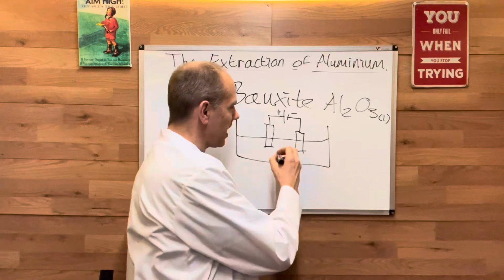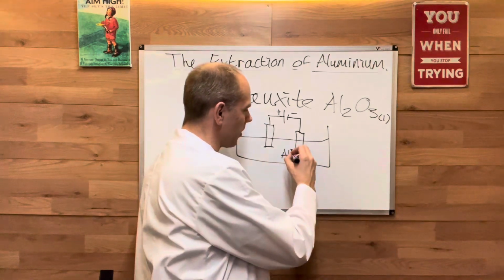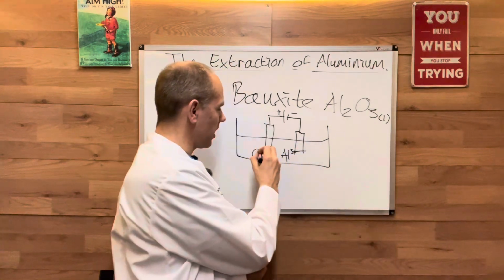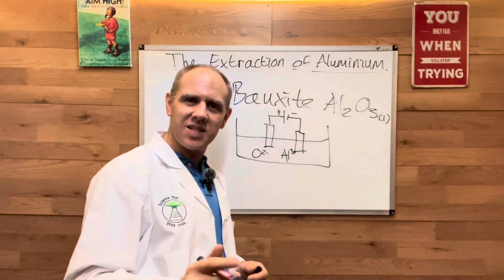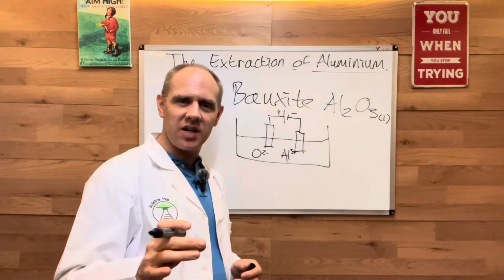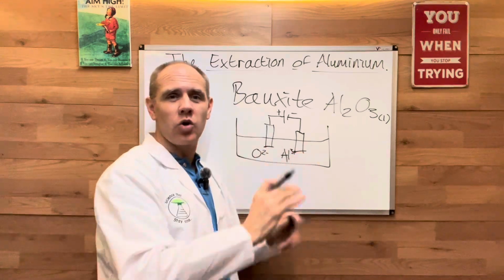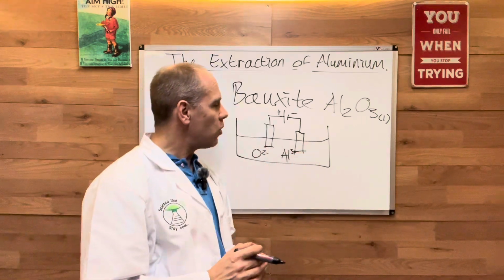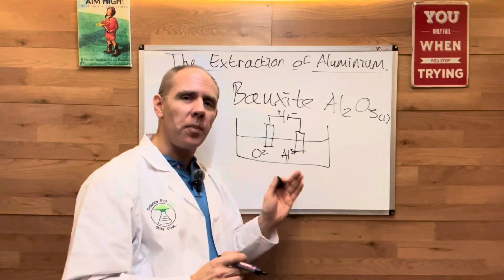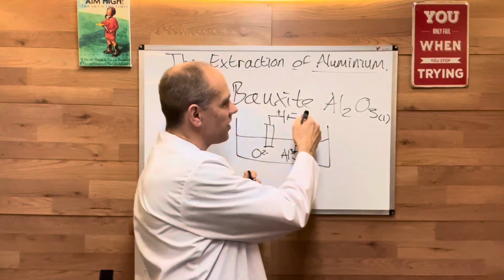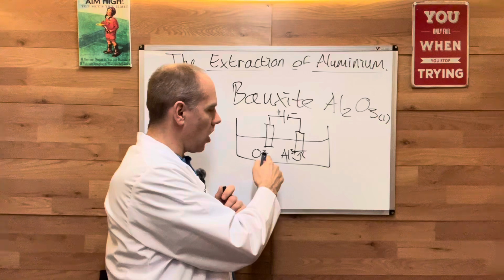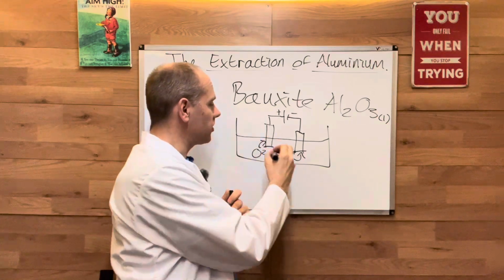Now, of course, the aluminium ions are Al3+, and the oxide ions that are present are O2-. The moment they are molten means that they are mobile charge carriers. In other words, they're free to move and they will conduct electricity. They will go to the oppositely charged electrodes. So aluminium will go to the negative and the oxide ion will go to the positive.